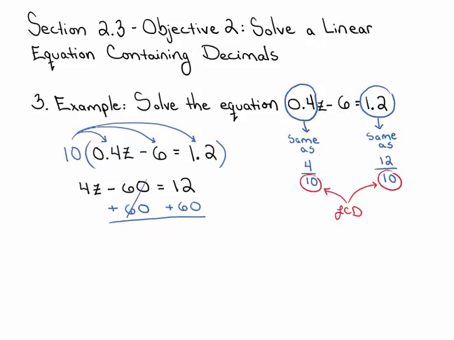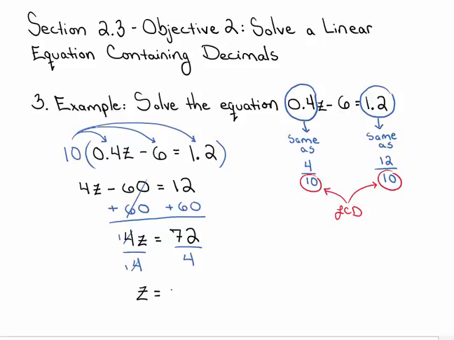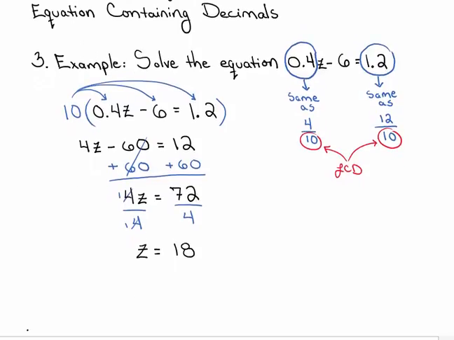And that's going to cancel out my 60s there, and that's going to leave me with 4z equals 72. Divide both sides by 4. 72 divided by 4, that's going to give me z is equal to 18. So my solution for this equation is just going to be 18.